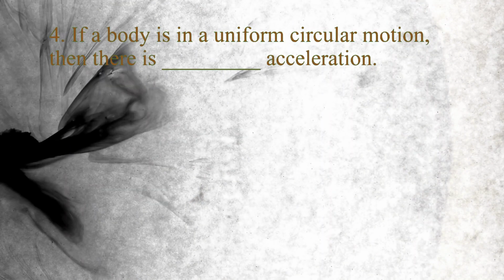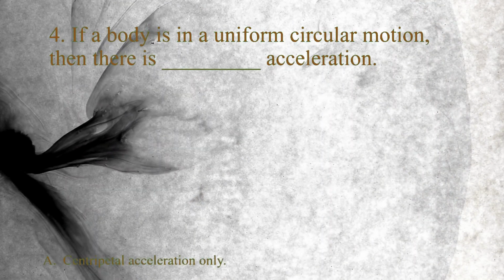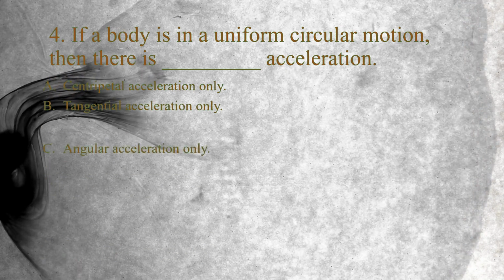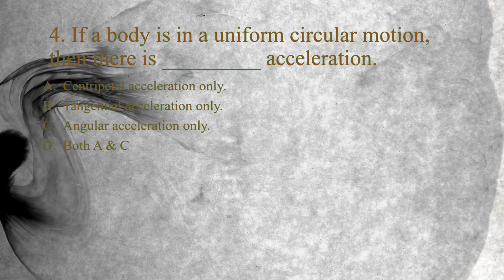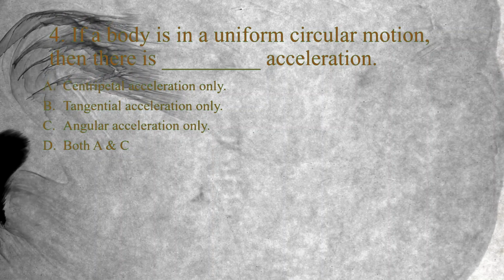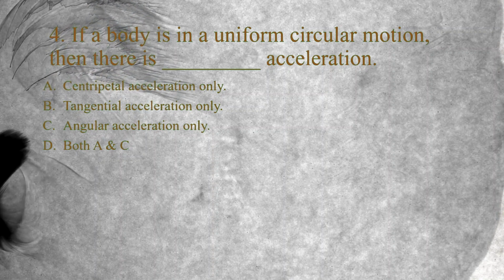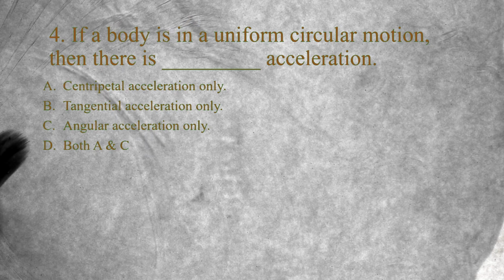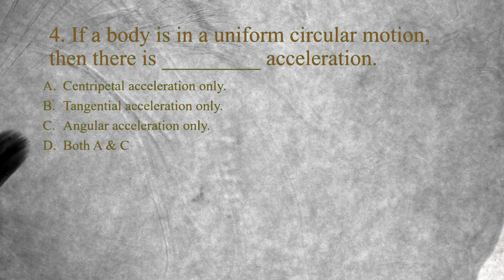If a body is in uniform circular motion, then there is dash acceleration: centripetal acceleration, tangential acceleration, angular acceleration. Both A and C mean centripetal and angular acceleration. So students, remember that if a body is in uniform circular motion, then its angular speed is constant.